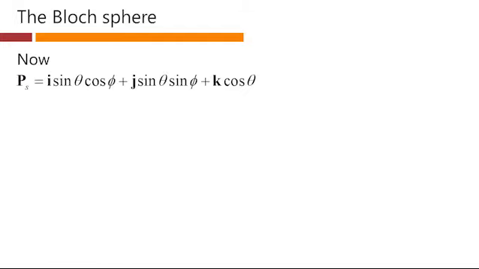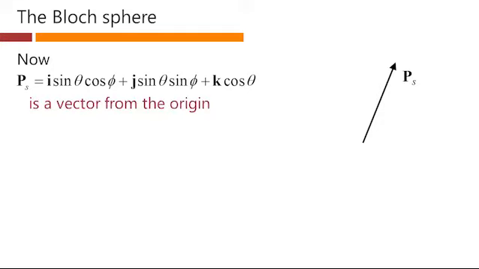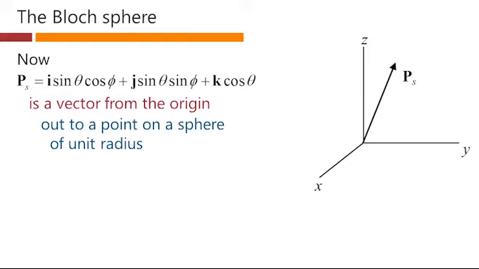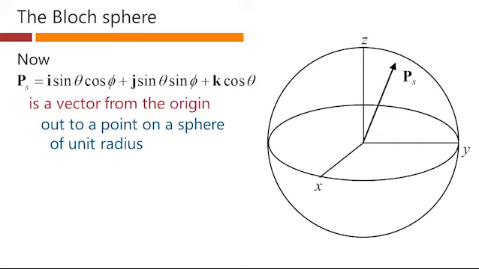Now, this vector, which we can draw in geometrical space like this, is a vector from the origin of some coordinate system, so x, y, and z here, out to a point on a sphere of unit radius, because this is always of unit length. We deduced that earlier. So here's our sphere of unit radius.